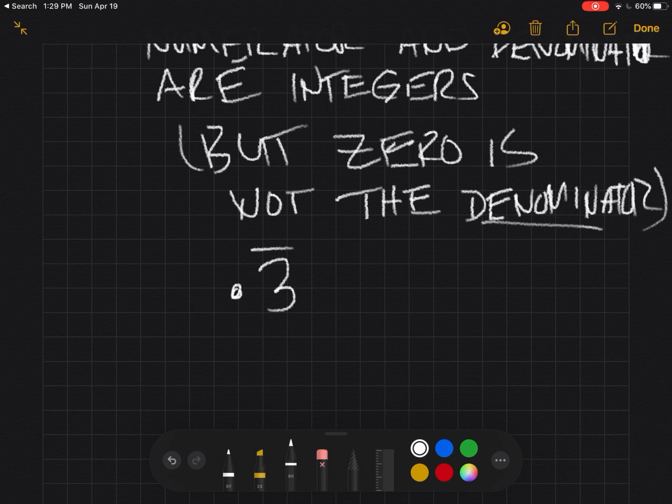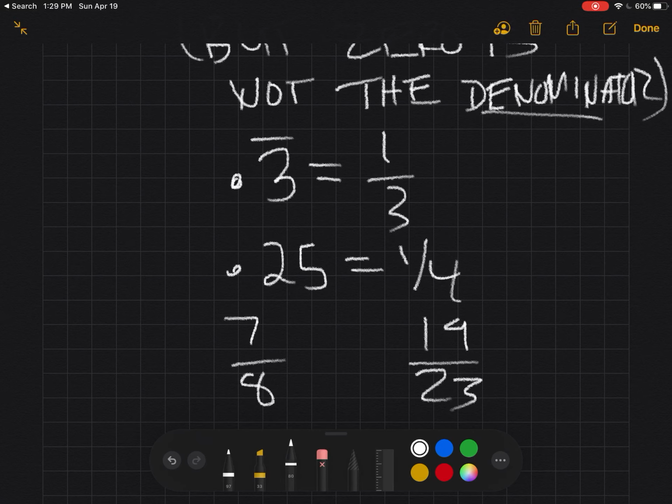But of course, 0 is not the denominator, because you can't divide by 0.